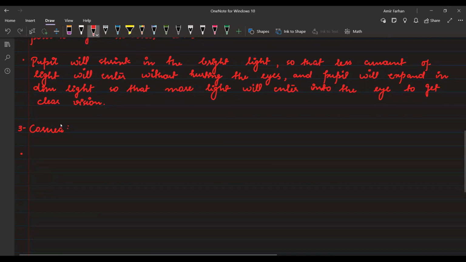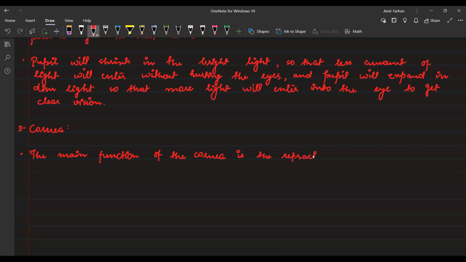The major cornea. Most of the people only think that the refraction of light happens at the eye lens, but before that the major part of the refraction happens at the cornea.